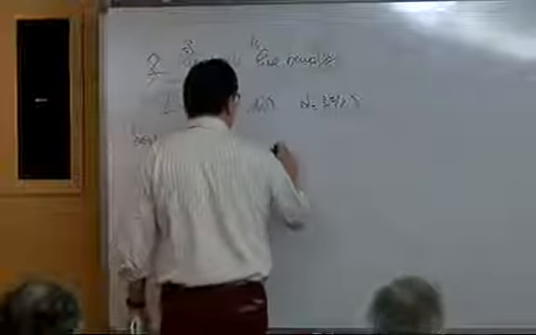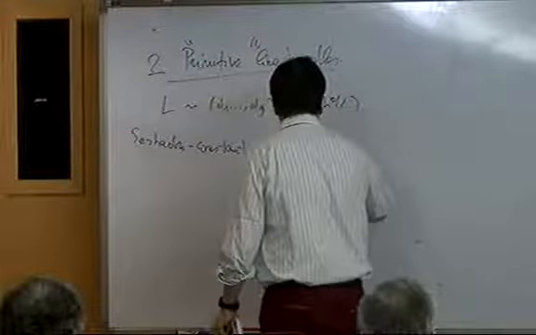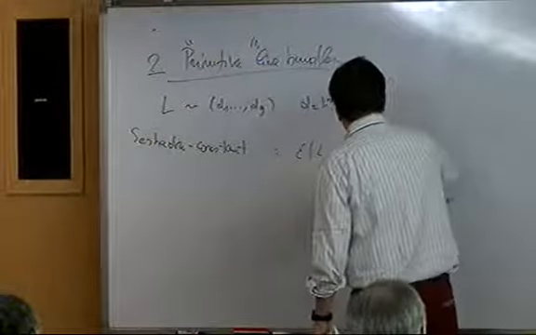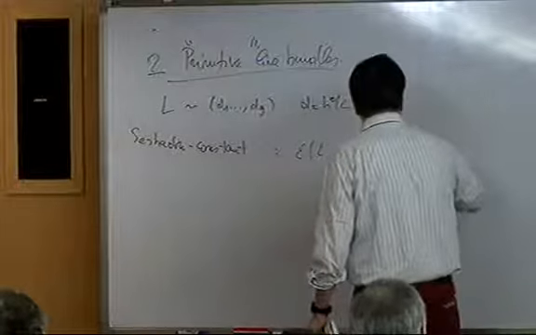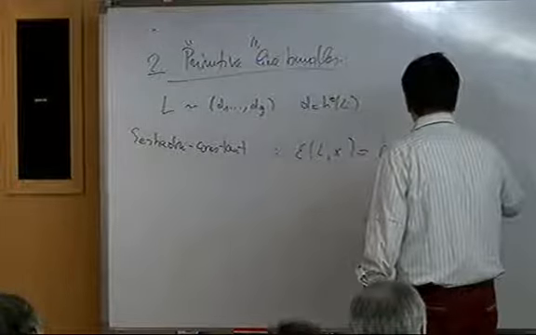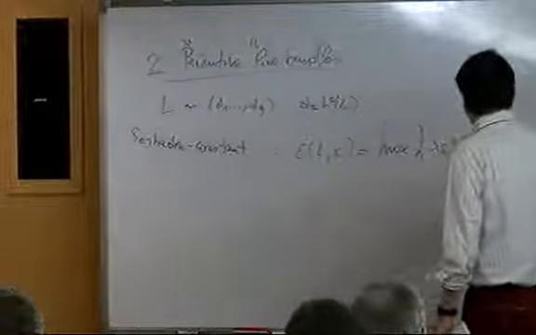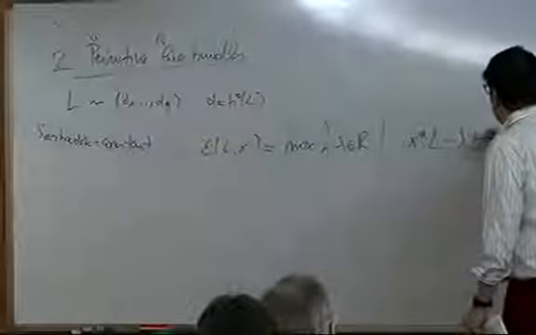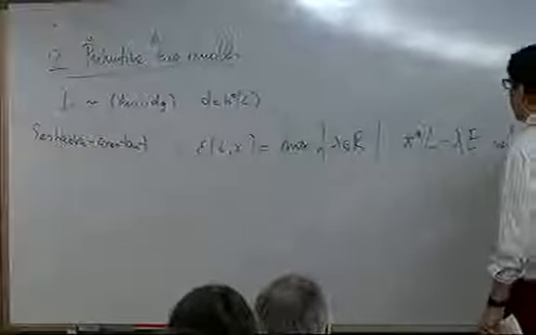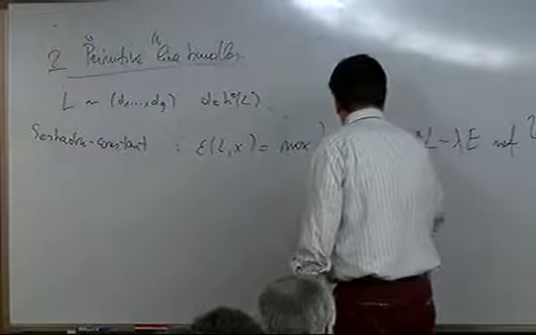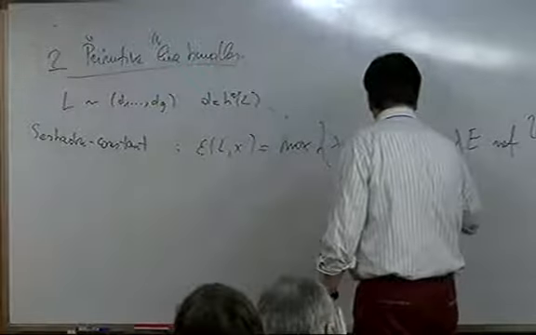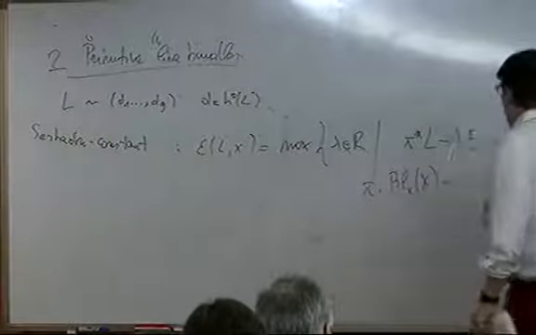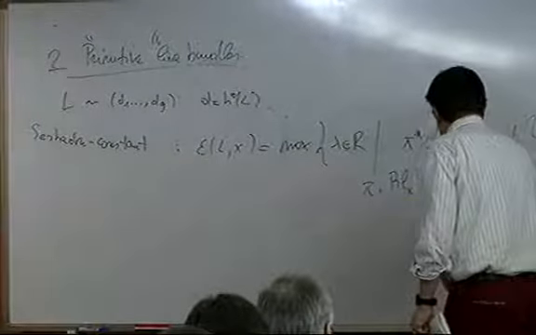So it is defined at the point x. It is a local notion. It is defined as the maximum of real numbers lambda such that, if we blow up, so now I will write this math, where this pi is the blowing up at the point x of the variety, the canonical morphism, and E is the exceptional divisor.